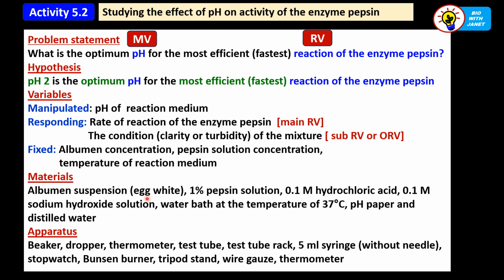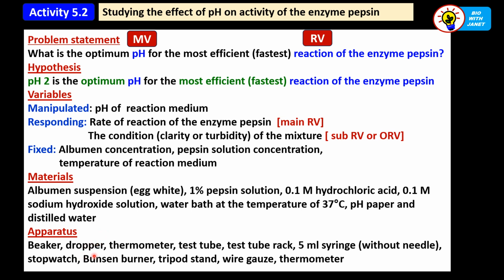Normally it's a suspension made in the lab using powdered albumin. Then 1% pepsin solution, 0.1 M hydrochloric acid, 0.1 M sodium hydroxide solution. These two reagents are to create the right pH of the reaction medium that we need. Then a water bath at a temperature of 37 degrees Celsius, pH paper, and distilled water.